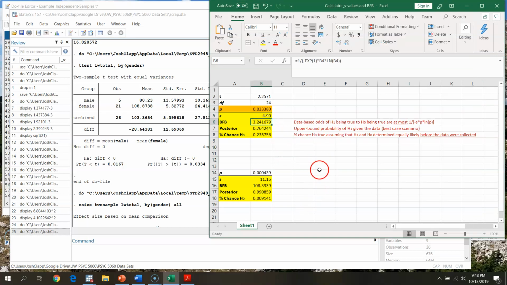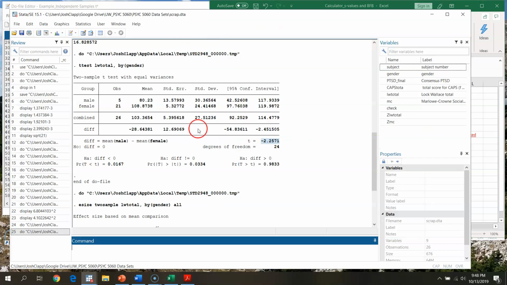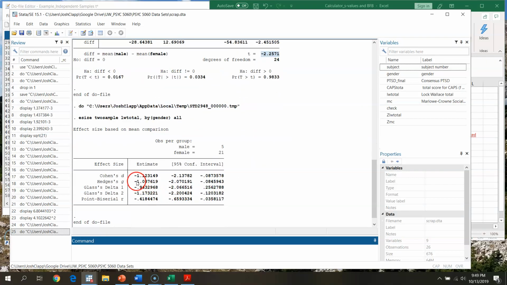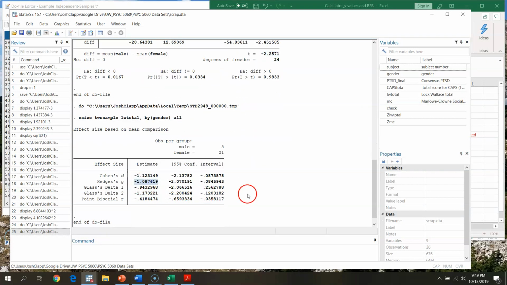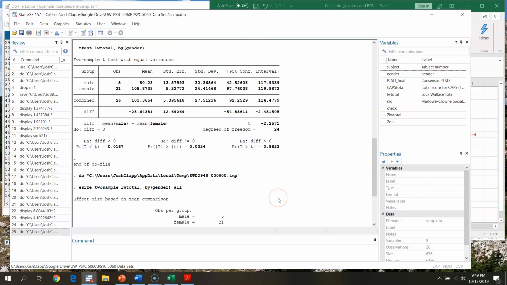Our Bayes factor bound is 3.24. Again, this is the data-based odds of our alternative being true relative to the null, at most just a little over 3 times. So we're starting to see here that even though we have a statistically significant effect, and even though we have a very large effect size, we have some questions.